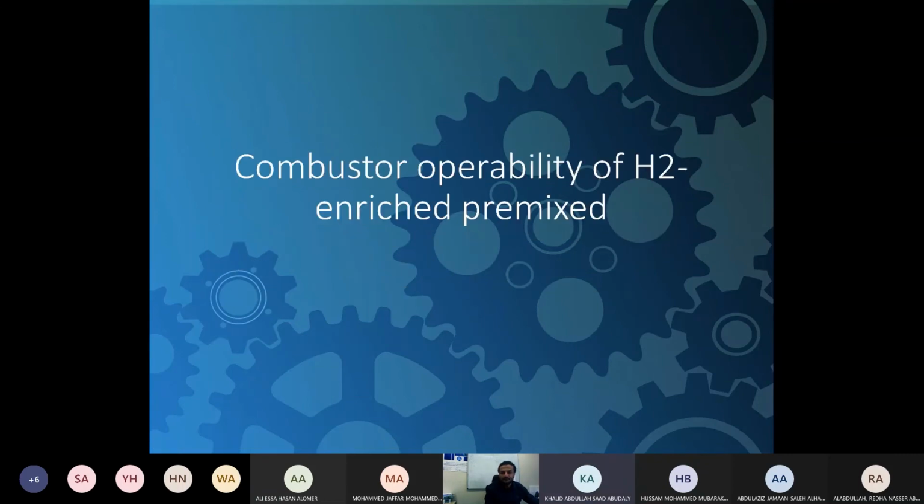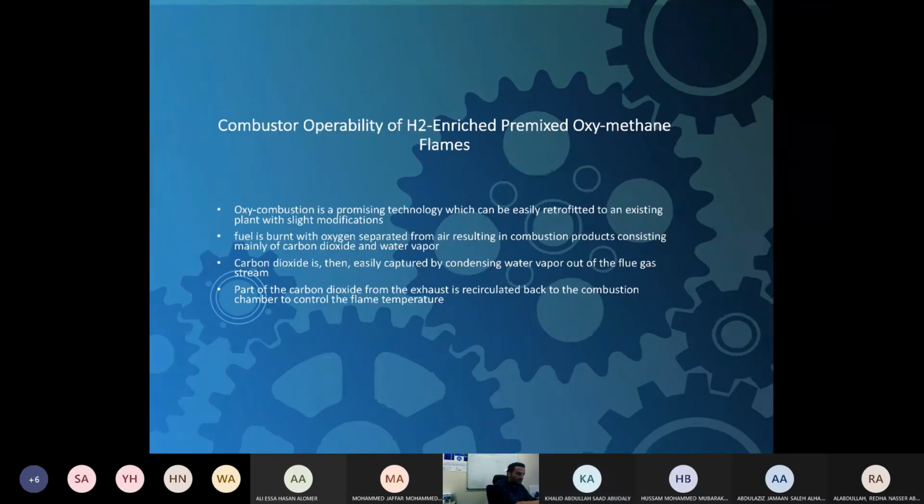Yes, it's clear. So, combustor flexibility of hydrogen-enriched premix. As we said, oxy-combustion is a promising technology which can be easily retrofitted to an existing plant with a slight modification. In such a combustor, fuel is burnt with oxygen separated from air, resulting in combustion products consisting of carbon dioxide and water vapor.